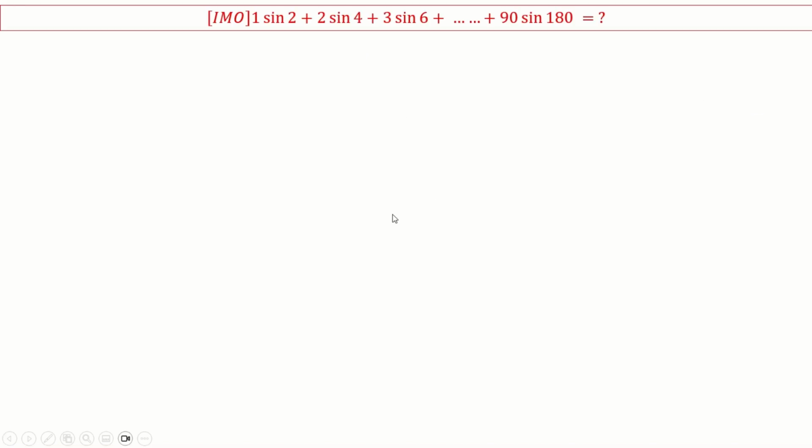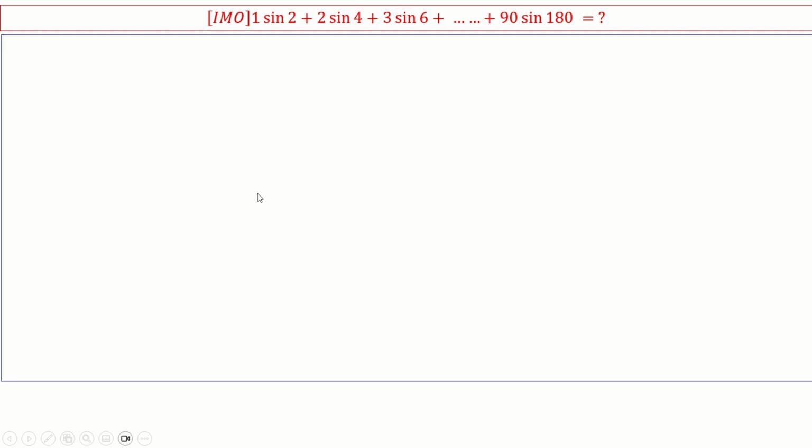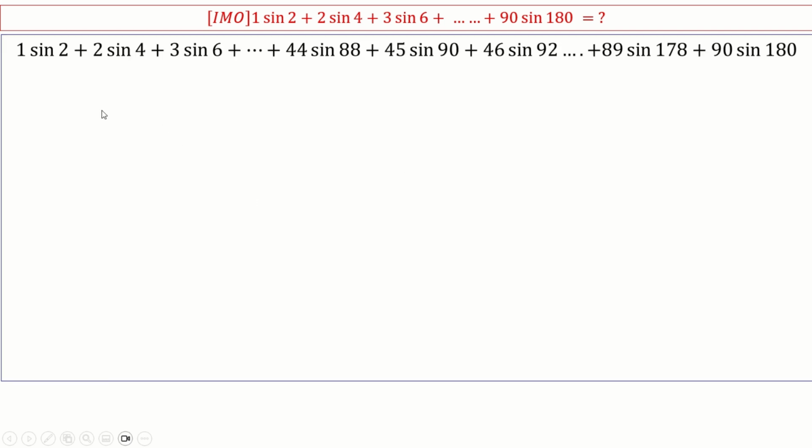Yeah, this is another interesting problem in IMO. 1 sin 2 plus 2 sin 4 plus 3 sin 6 up to 90 sin 180 equal to what? This is the question. This is a very interesting problem to solve, and we will see how we convert it into different forms.